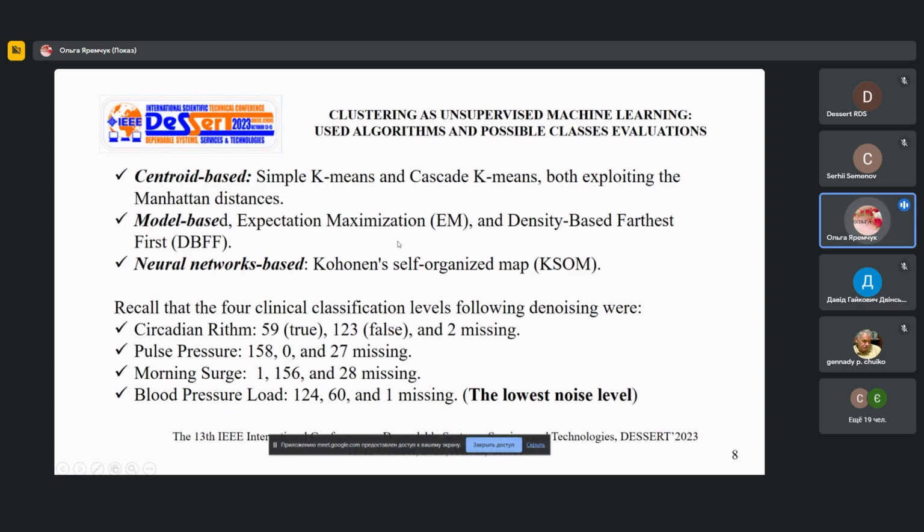The clustering result indicated the presence of two clusters in the dataset. Recall that the four clinical classification levels following the denoising were circadian rhythm, pulse pressure, morning surge, and blood pressure load.